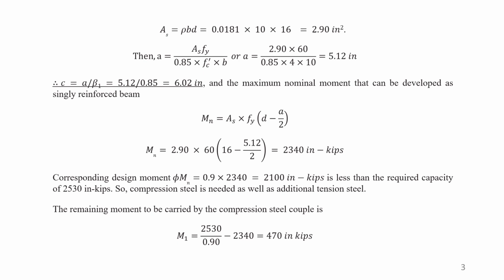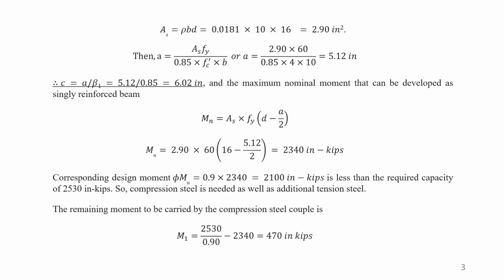Now, the steel area AS for this section, as rho is 0.0181, will be rho times B times D. B is 10 inches and D is 16 inches.